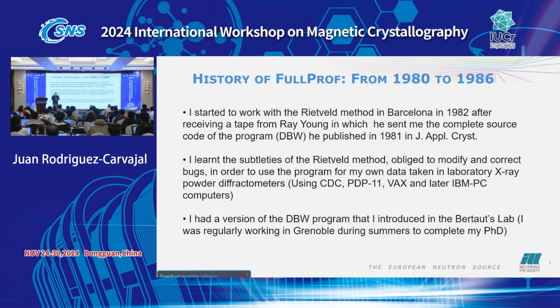And in 1981, Ray Young published a paper in which he claimed that it was possible to do that also with X-rays. And then I asked him to send me the program just to explore.